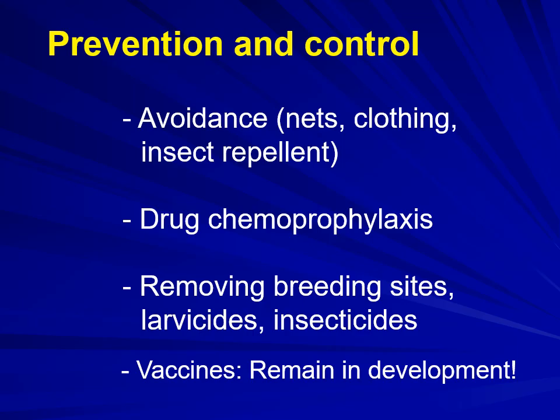And vaccines, the vaccine remains in development. Ever since I studied parasitology, about 30 years ago or so, some people were working very actively on the vaccine, but still 30 years later we don't have vaccines yet.